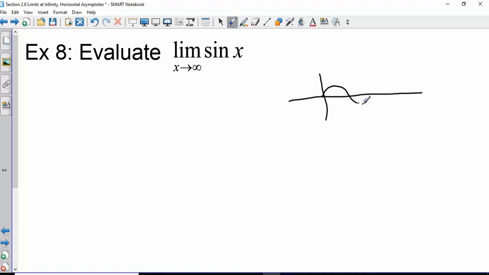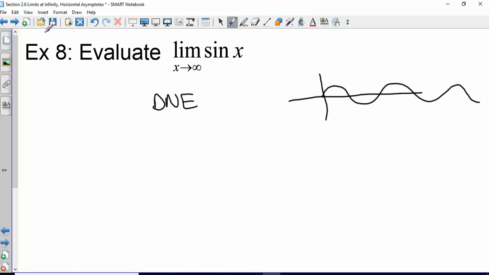It just bounces back and forth between negative 1 and positive 1. As x goes on to infinity, does it ever stop bouncing? So does it approach any one number? No, so this one does not exist. You don't have to have a limit. The only time we're getting a limit is when there's a horizontal asymptote on our graph. Otherwise there isn't one.